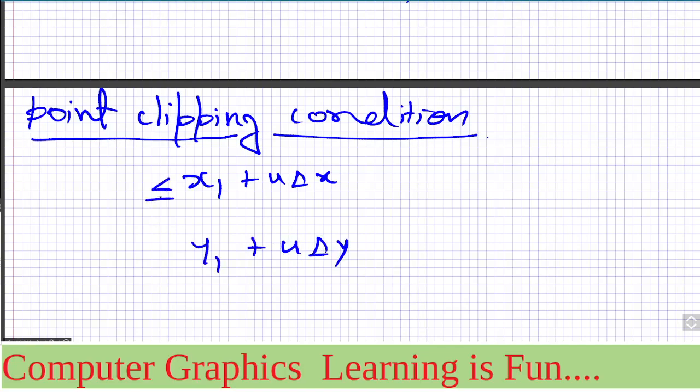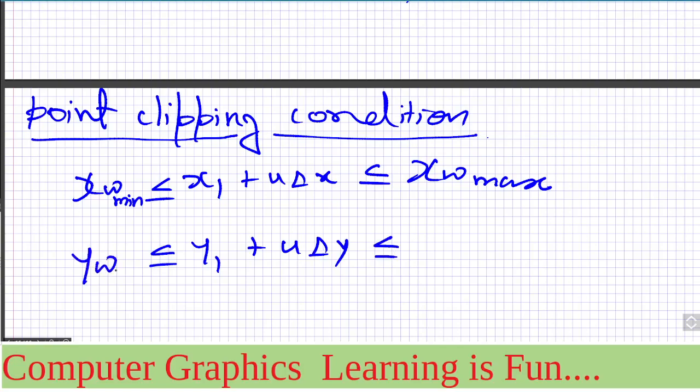It should be in the range of xw min and xw max, and this should be in the range of yw min and yw max. Very easy to understand, right?